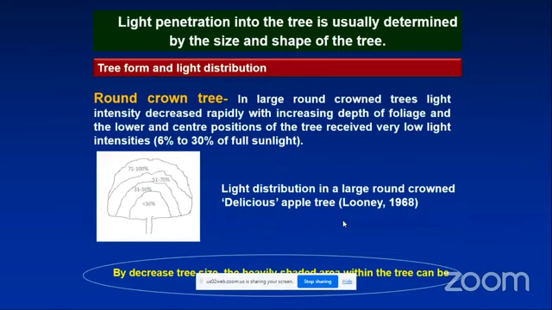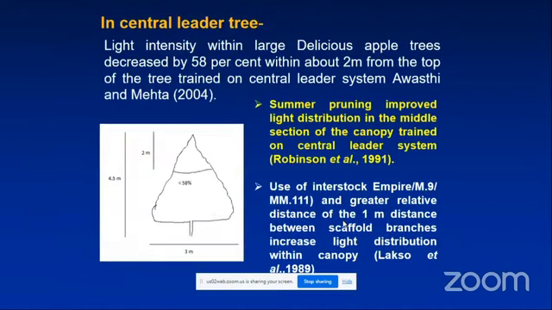When we go for the round crown tree, we increase the tree size, and look at the light distribution in a large round crown Delicious apple. As we have seen from the diagram, in large round crown trees, light intensity decreased rapidly with increasing depth of the foliage, and the lower and center positions of the tree received very low light, 60 to 30%.